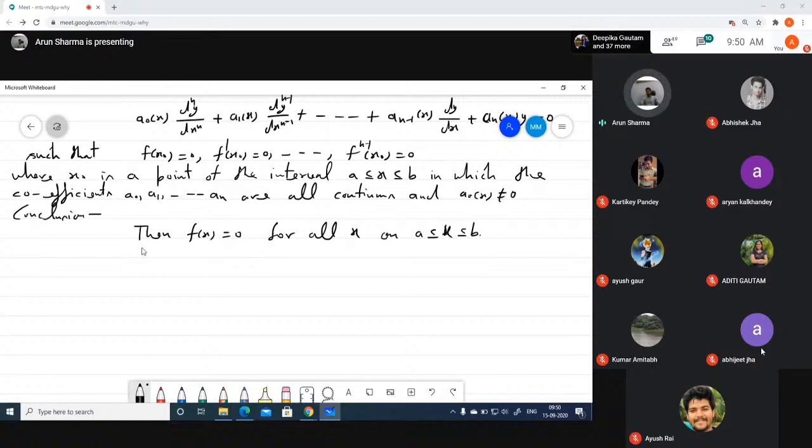Let's take one example based on this. Take the equation d3y on dx3 plus twice d2y upon dx2 plus 4x dy upon dx plus x square y equals to 0.